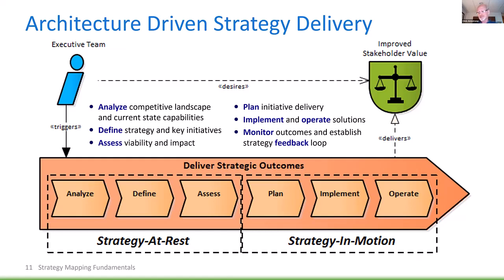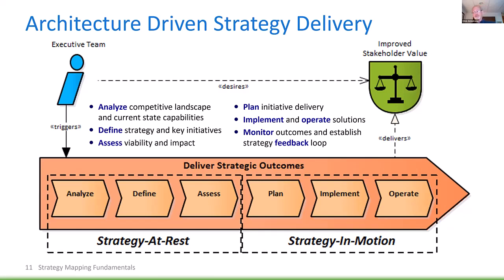And then we need to make an assessment. What are the consequences of agreeing to this strategy? And so that has to do with understanding impacts on things that are currently in flight, things that are currently operational, or things that are being considered to be added to the portfolio. But that reason I call that strategy at rest is because we're just thinking and talking about strategy, but nothing's actually changed.